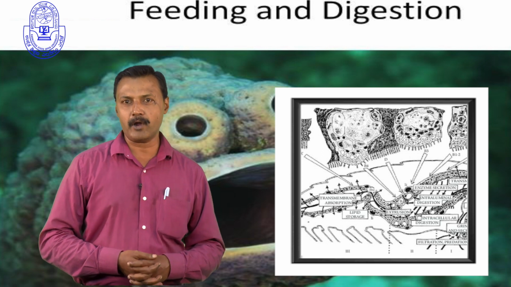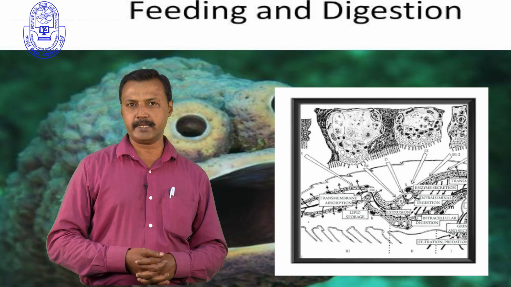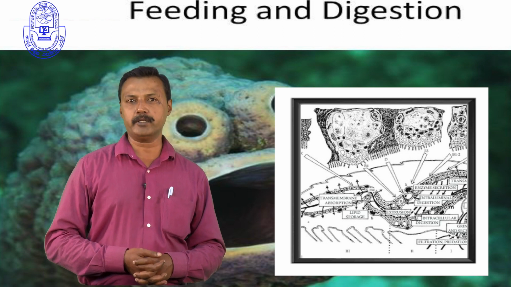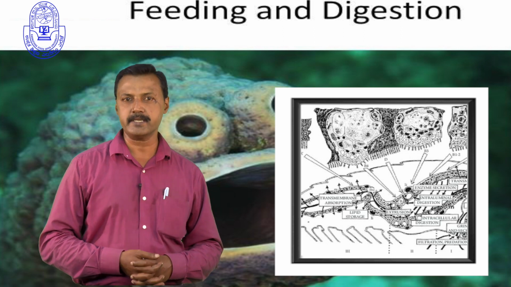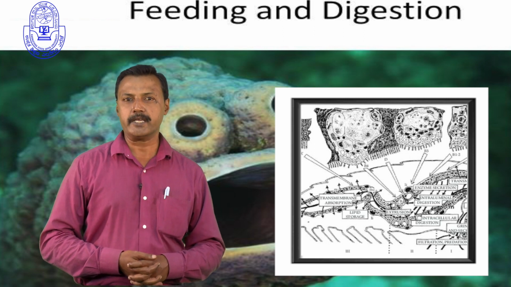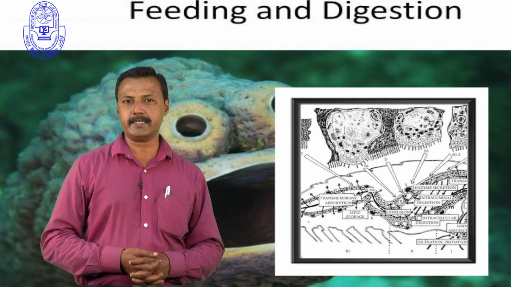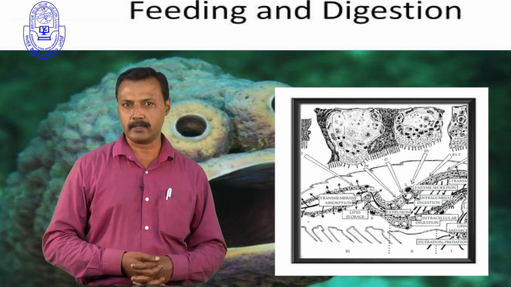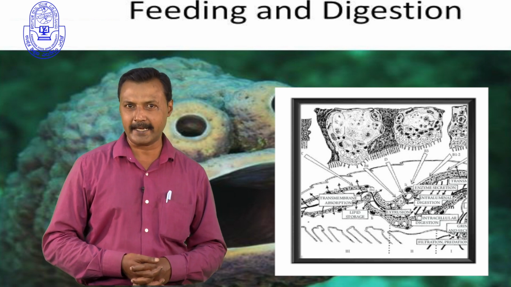The polychaetes are carnivorous in nature. They feed upon small fishes, molluscans and certain other organisms that are easily trapped by the tubiculous polychaetes or the Nereis.